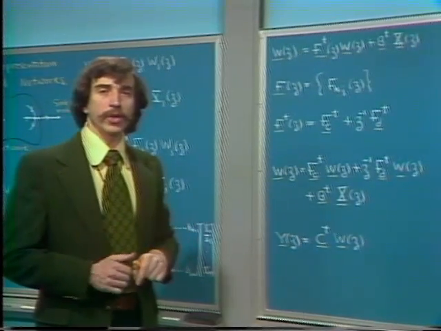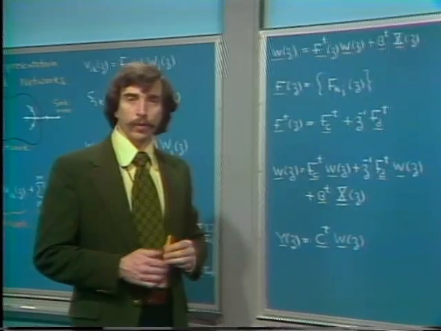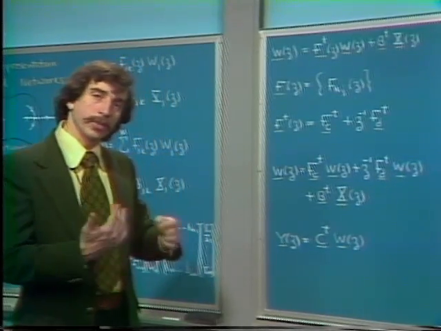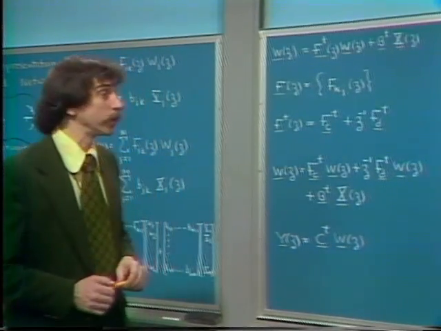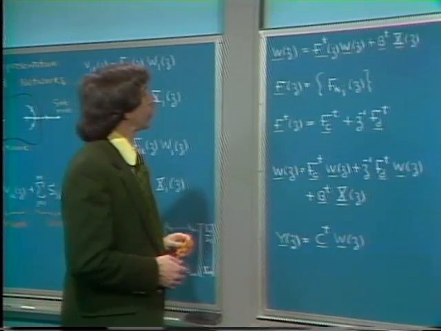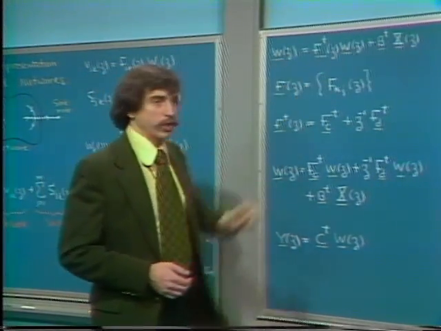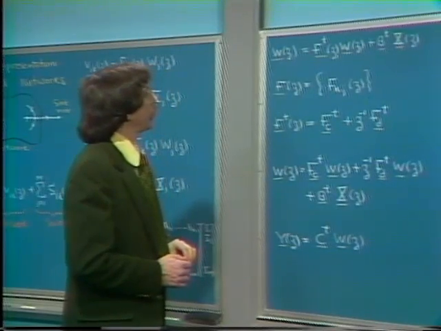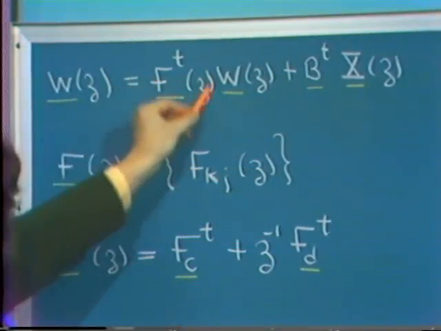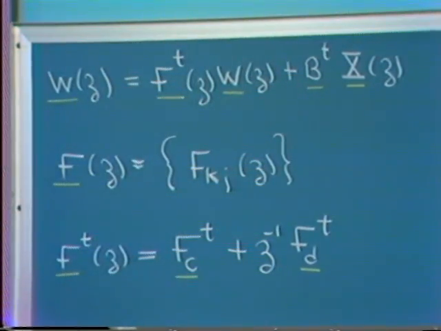And with that restriction, it's convenient for a number of reasons, and in particular for developing some network properties, to consider decomposing this matrix equation in such a way that we separate out with the matrix F transpose of z the part of that matrix that doesn't involve any delay terms, and the part of that matrix that does involve delay terms.